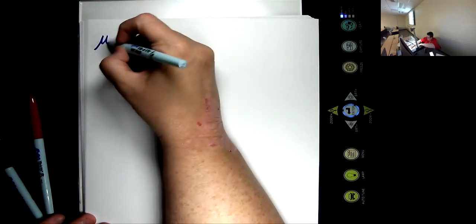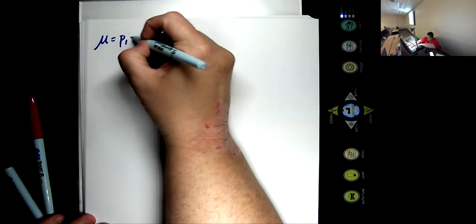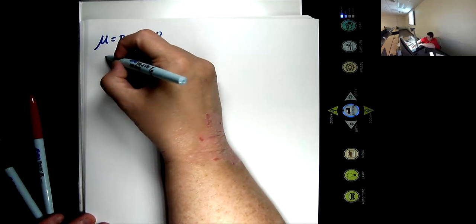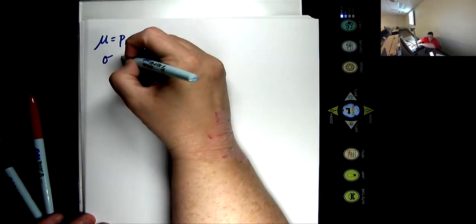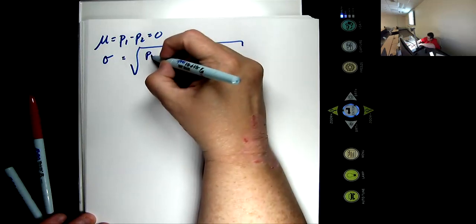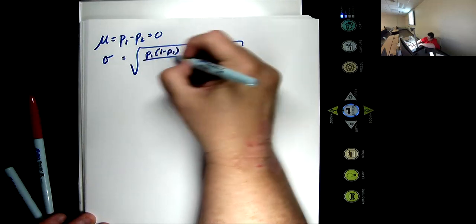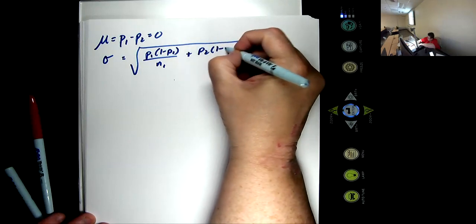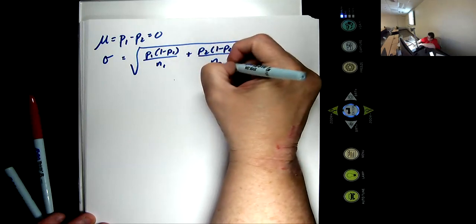So mu was P1 minus P2, which was 0. That was correct. Standard deviation is the square root of P1 times 1 minus P1 over N1, plus P2 times 1 minus P2 over N2.